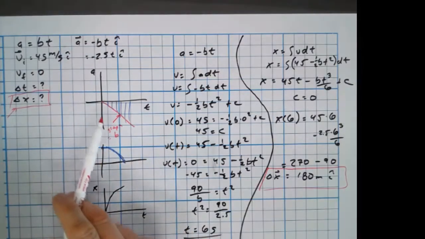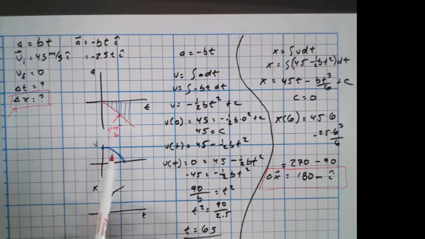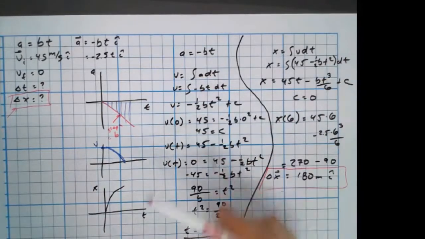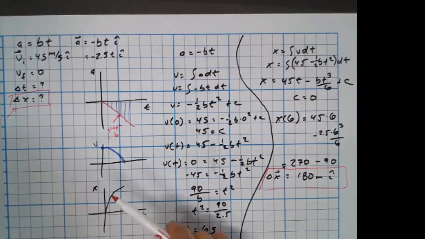That's how I got the graph of the acceleration increasing in magnitude but pointing more and more negative. I've got the velocity decreasing like this, where it changes slowly at first and then gets more and more steep as time goes on. And then the position function is a cubic, where it's steep at first because you're going fast at first, and then you're slowing down, and you're slowing down more and more and more. So this should be more clearly a cubic.